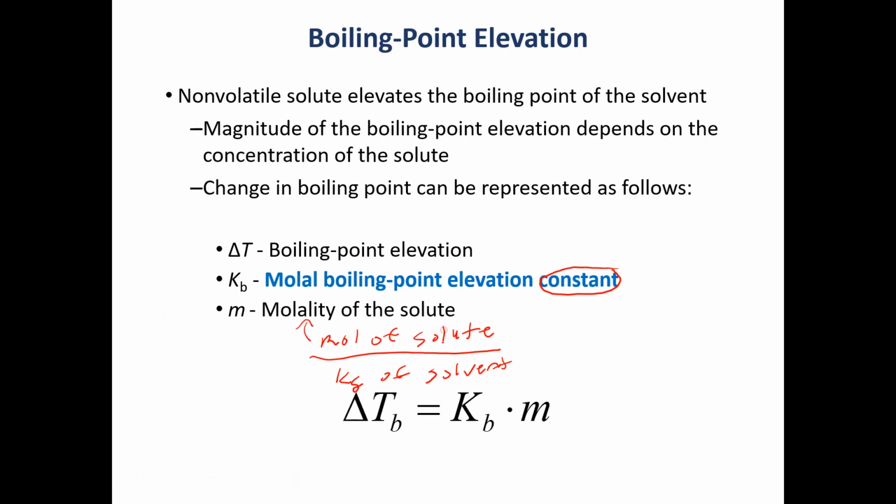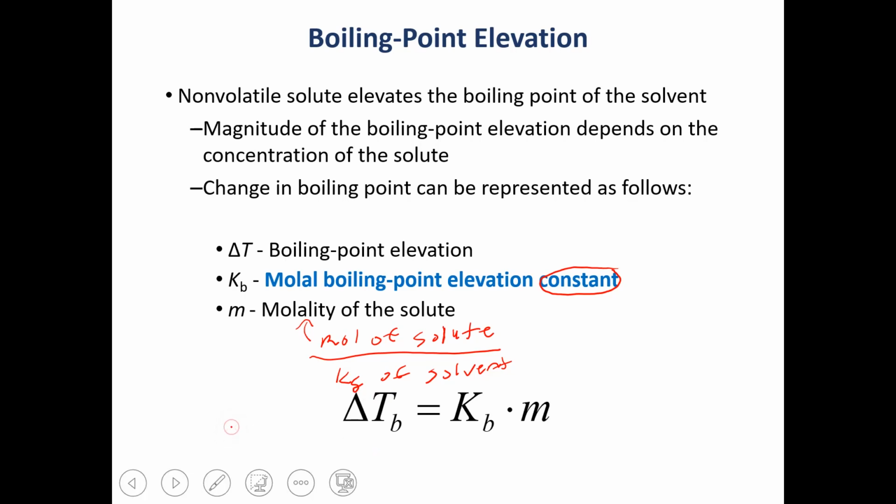Typically, we think about things in terms of the total solution on the bottom. But for molality, we only care about the solvent on the bottom. So it's moles of solute per kilogram of solvent. If we multiply that times the molal boiling point elevation constant, we get the change in boiling point.